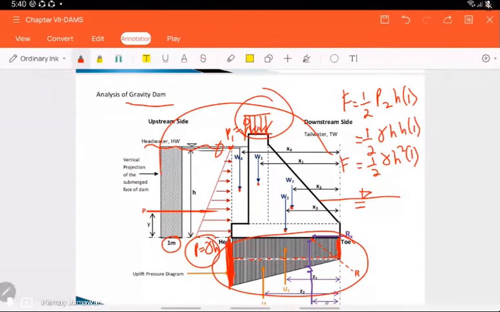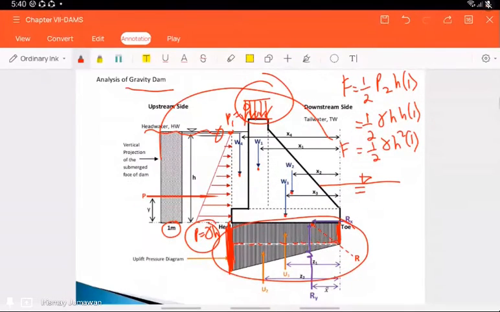You can add that for your weight as additional vertical force. Your lateral load can be the earthquake load, it can be the wave, it can be the wind. Okay, so those are the possible forces acting on the dam.